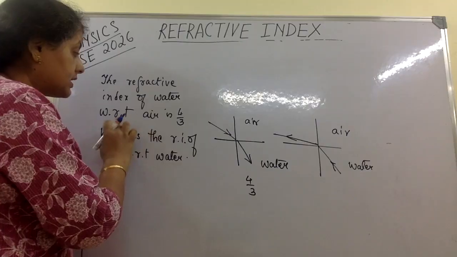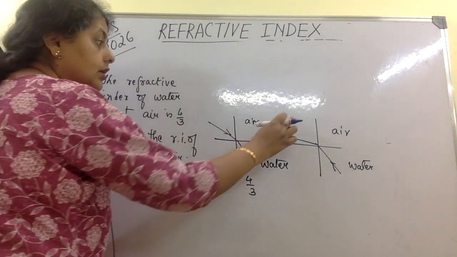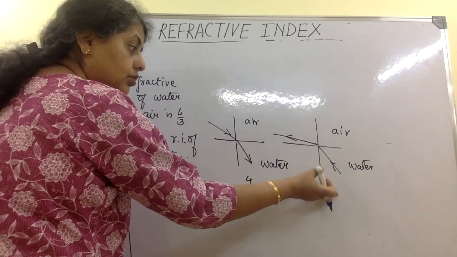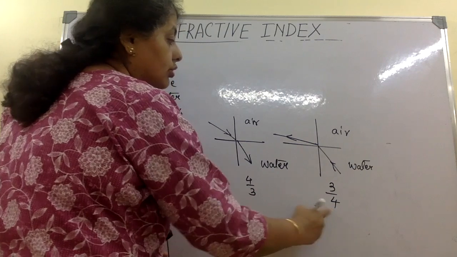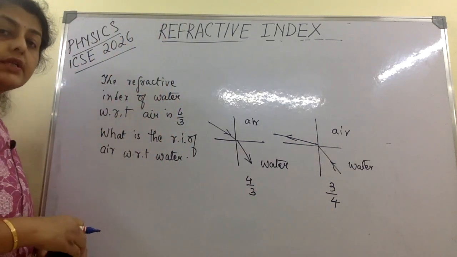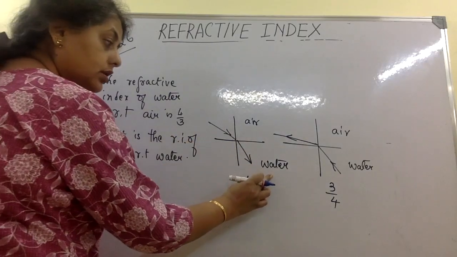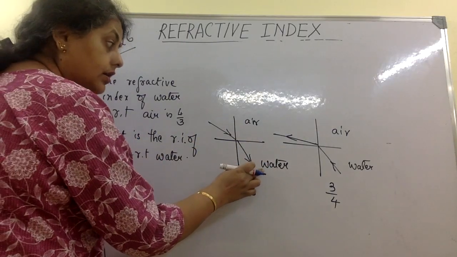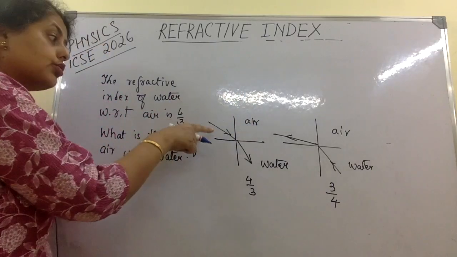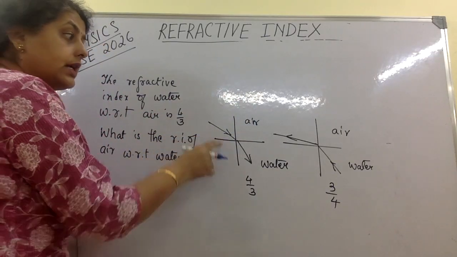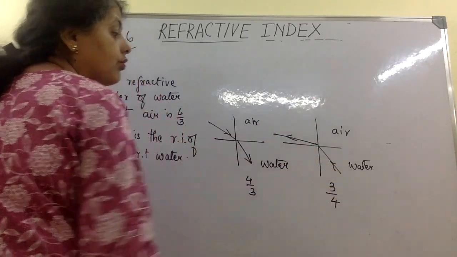So with respect to air was 4/3. What is the refractive index of air with respect to water? It just becomes the reciprocal of this. This is the meaning of with respect to.